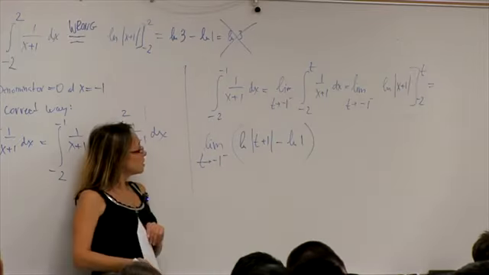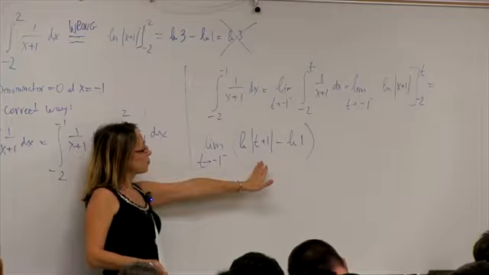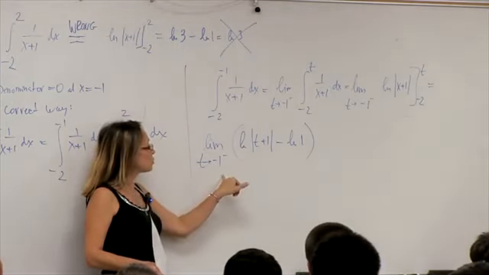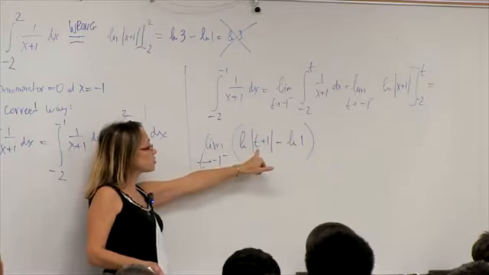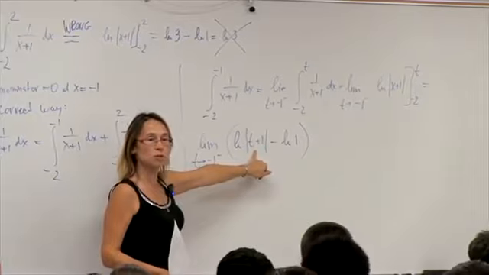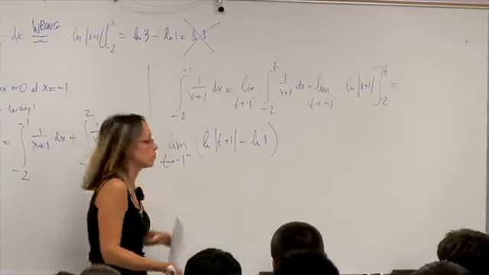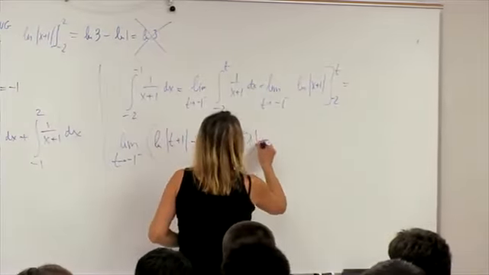This is the expression whose limit we have to handle. What happens to this log when t goes to -1? The argument of the log goes to 0, and you see immediately that the limit does not exist as a finite number. It diverges.